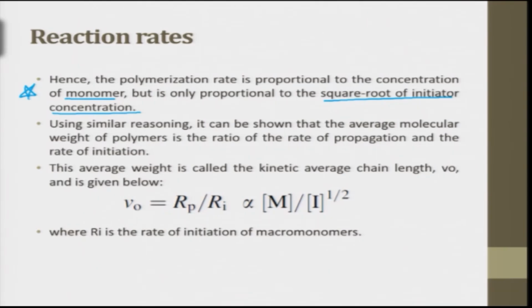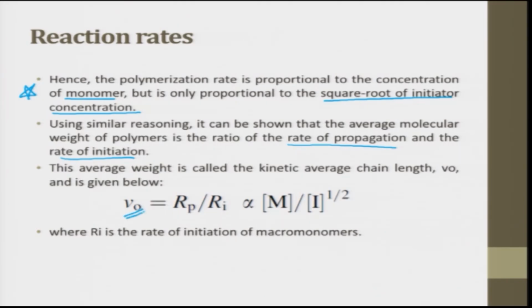So, what is the effect of the initiator concentration with respect to monomer? Using similar reasoning, it can be shown that the average molecular weight of polymers is the ratio of the rate of propagation and the rate of initiation. Rate of propagation means how quickly the networking is getting formed, and the rate of initiation is how quickly you are initiating it.